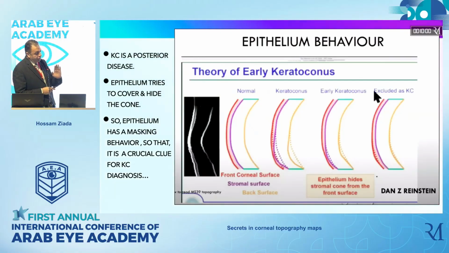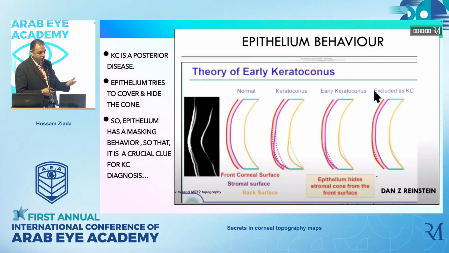So in response to the protrusion of the cone, the epithelium becomes thinner to keep this surface regular, so there's a masking effect. The epithelium has a masking effect in response to the protrusion of the cone apex.